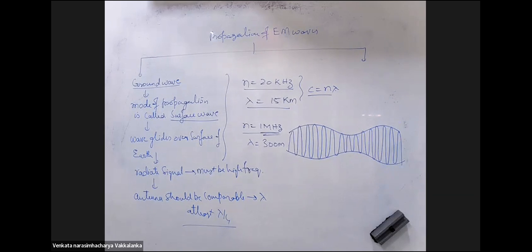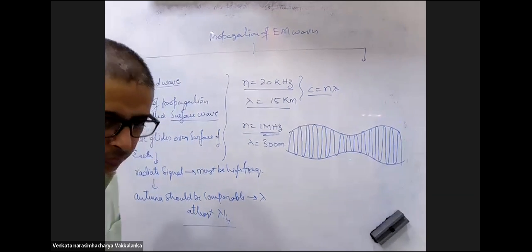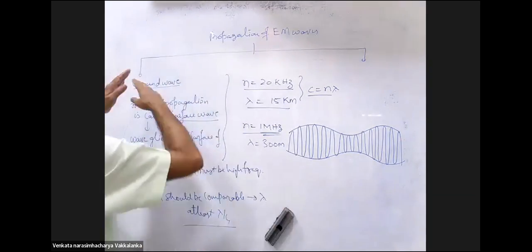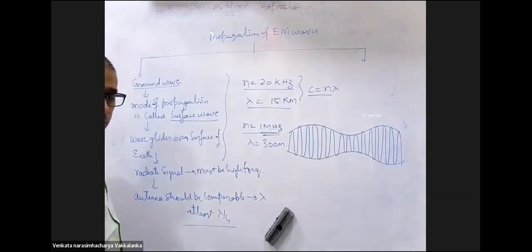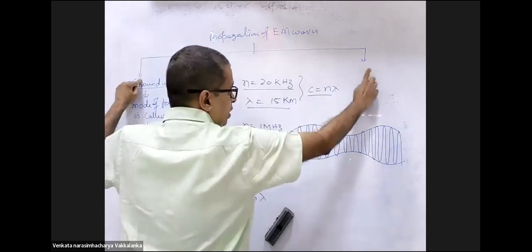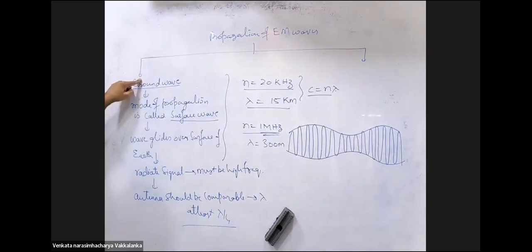Tell me when I can rub the board. Now, the second means of propagation is sky wave. Generally, we formulate all of that on one board. Here only the first I could write. Second, sky wave, will come here. The third will come here.